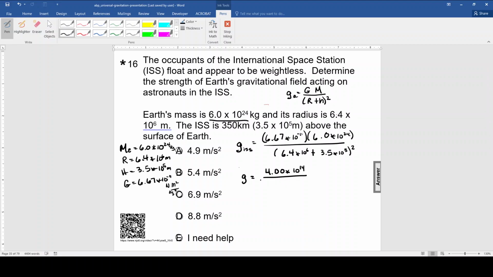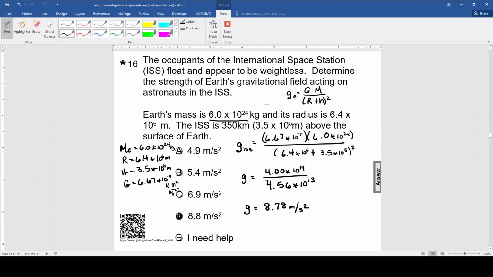And again, we must add both our radius and our height before we square them both. Now, knowing that these exponents are very similar, we're going to have a number that is going to be very similar to this. Our answer we get is 8.78 meters per second squared.